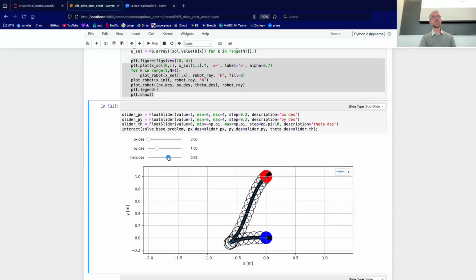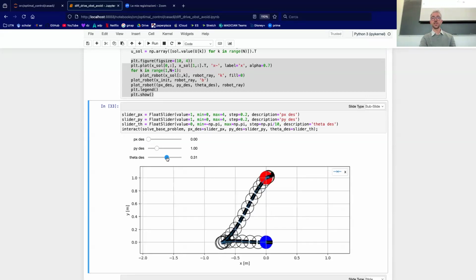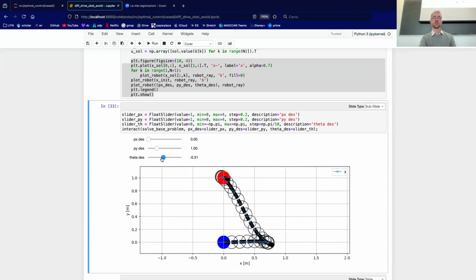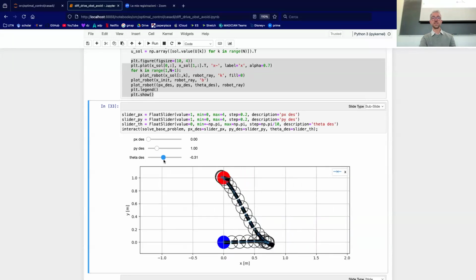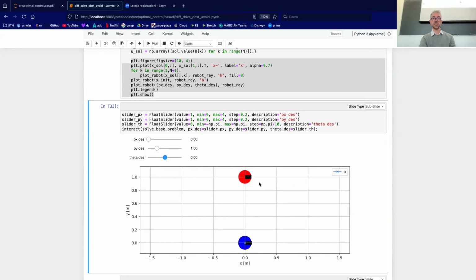If we just change the desired orientation of the terminal state a little bit, then it works. But if the final desired orientation is the same as the initial one, then we have this local optimum.